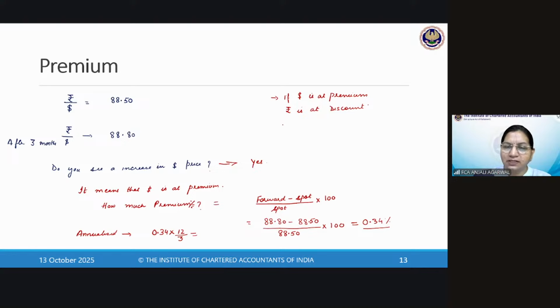Now the question is: is the discount on the rupee also 0.34% for the 3 months and 1.36% per annum?